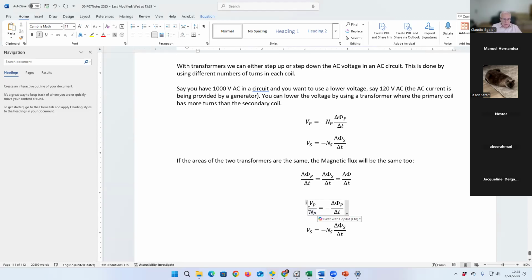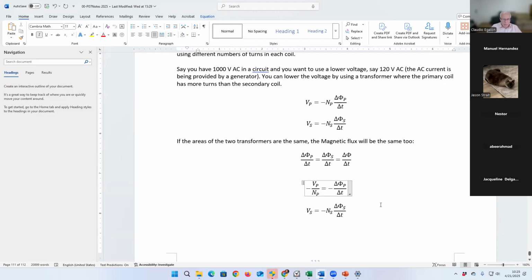I'm going to pass the negative sign to the other side as well, right? We get something similar for the secondary circuit. Let's not forget that the magnetic flux on the primary and secondary circuits is the same. So I can write it like that.